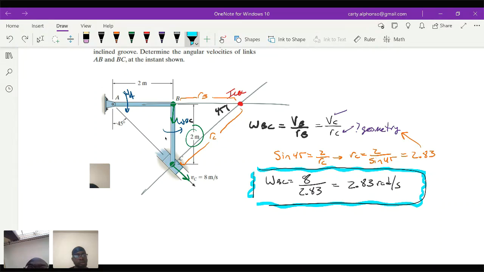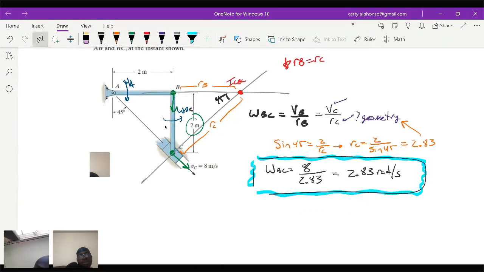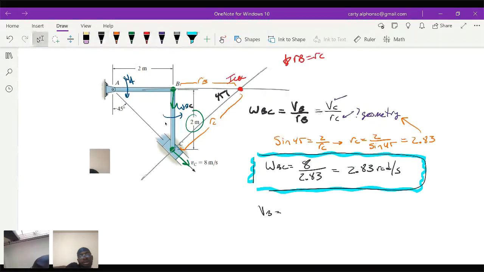So if that's going to be the case, then RB is the same as RC because it's symmetric. RB equals RC. If RB and RC were not the same, that's okay. You would just use geometry to find RB and then relate W to VB, which is what we're going to do right here. So VB equals WBC times RB.